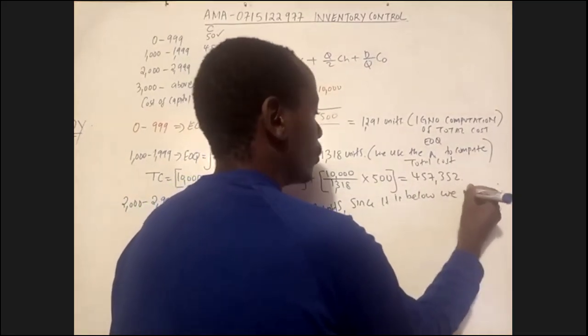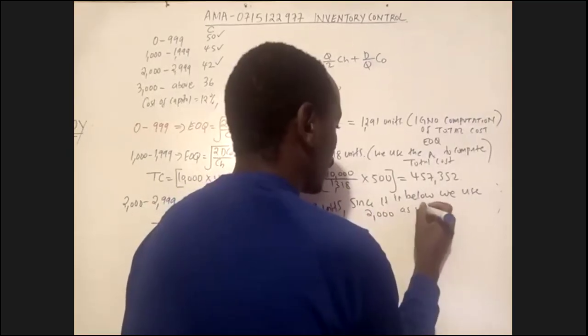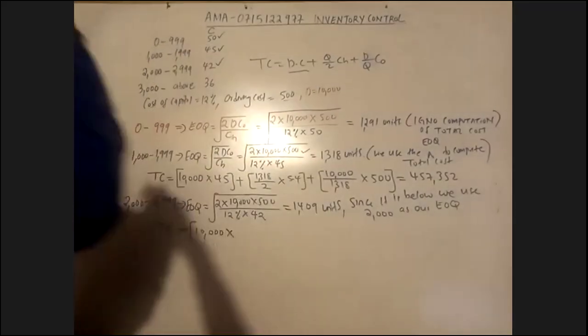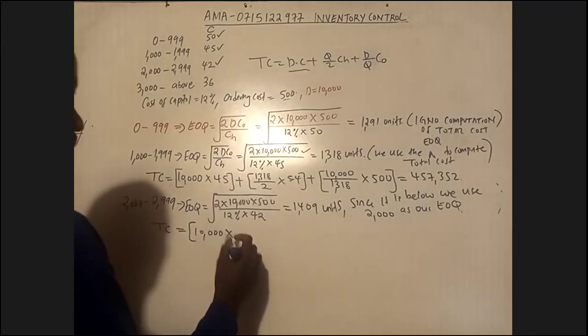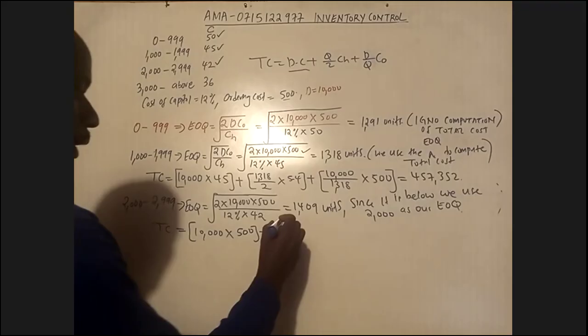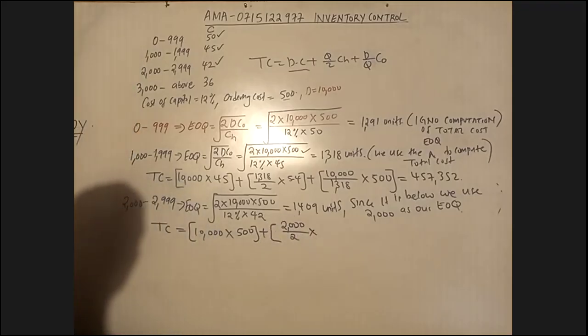Yes. Now, since it is below, we use 2,000 as our EOQ. So it becomes 10,000 times 42 plus Q over 2 times CH.